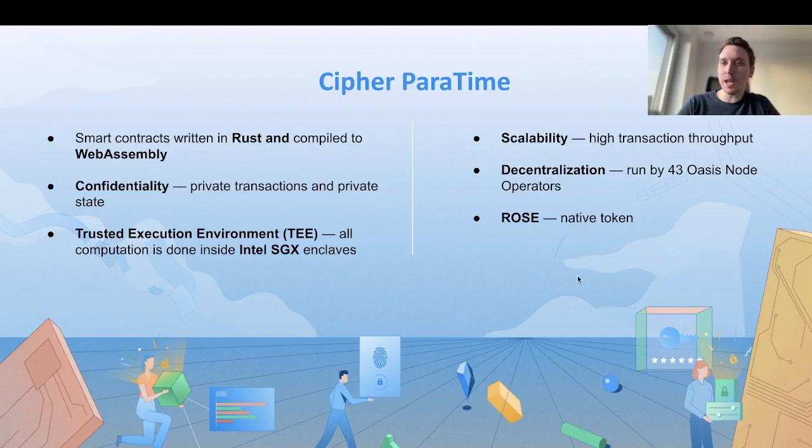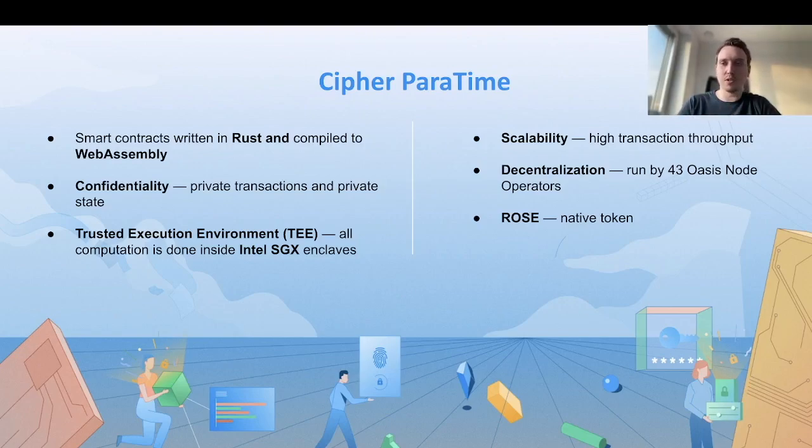So currently we have 43 Cipher ParaTime nodes, which makes this network totally decentralized. So we basically don't run any node to manipulate the network, of course. And this scalability is very high with our transaction throughput.